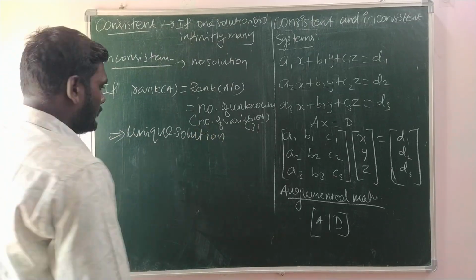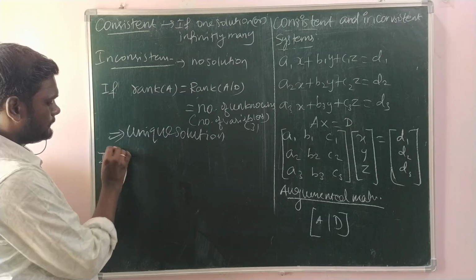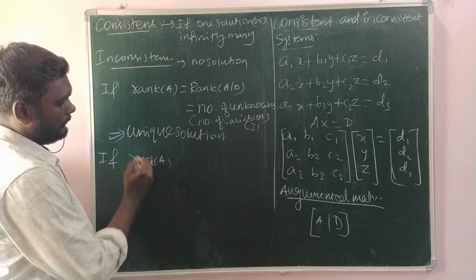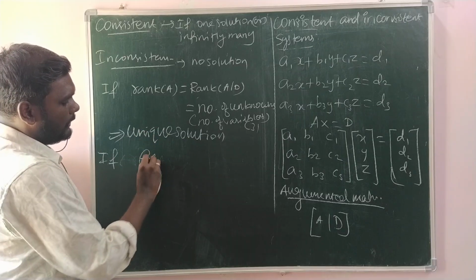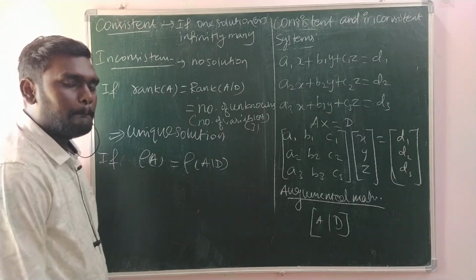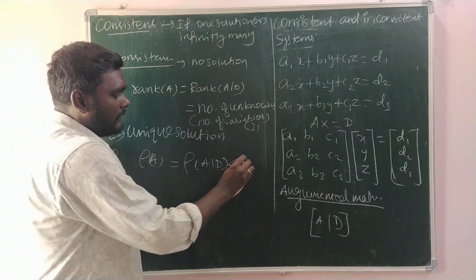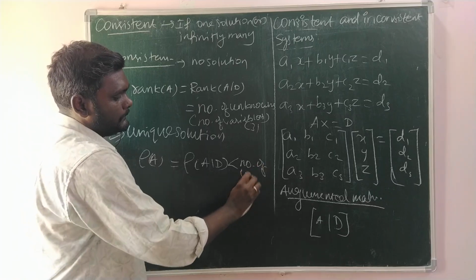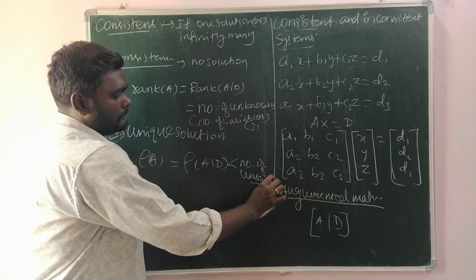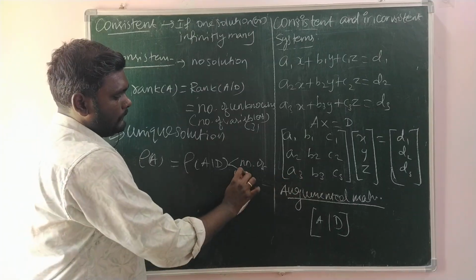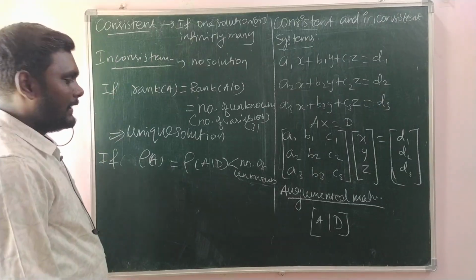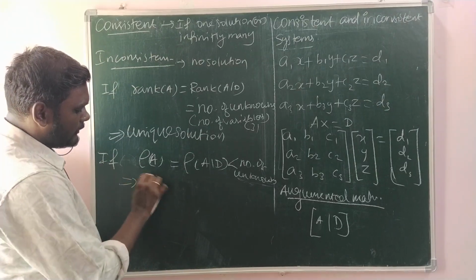Also, if the rank of A is equal to the rank of the augmented matrix, but it is less than the number of unknowns, in this case 3, then it is said to have infinitely many solutions.